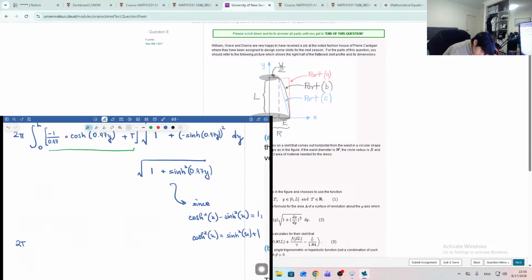So what I essentially have is an integral that goes like this.